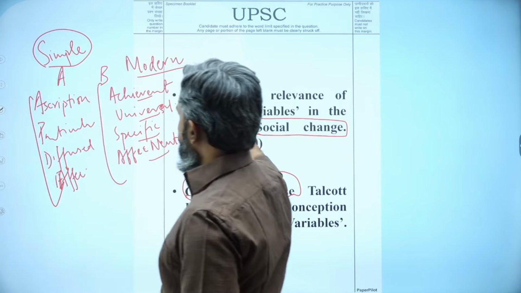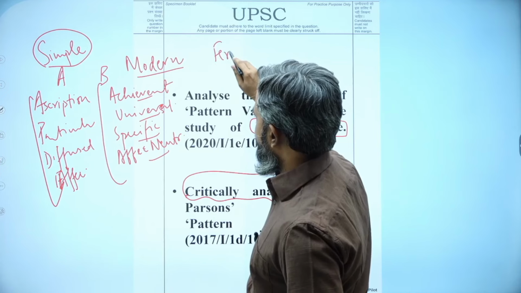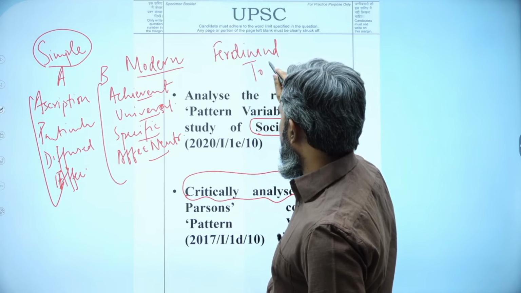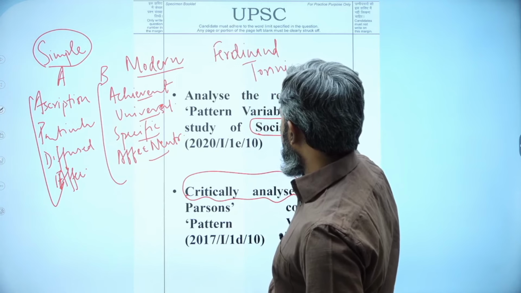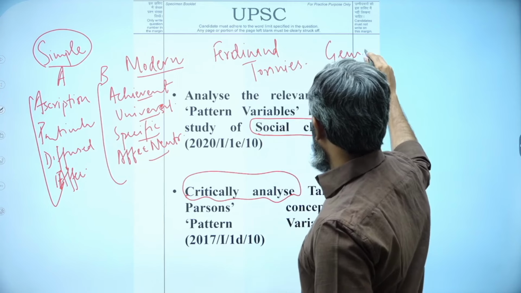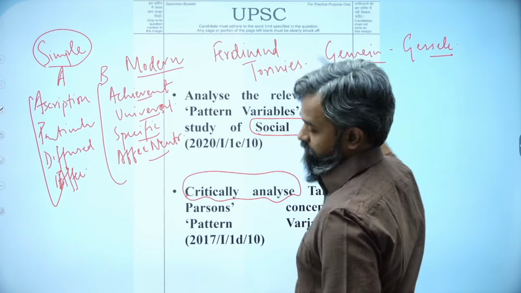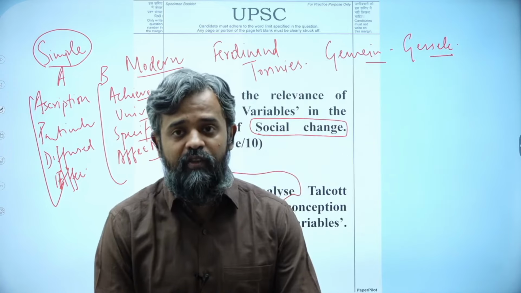As I pointed out, Parsons is basically borrowing a great deal from Ferdinand Tönnies, Gemeinschaft and Gesellschaft. That's very much in the background.